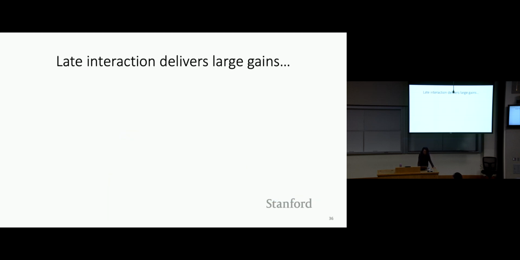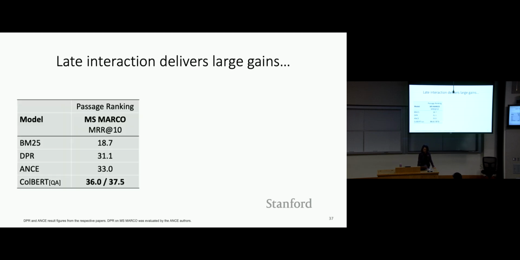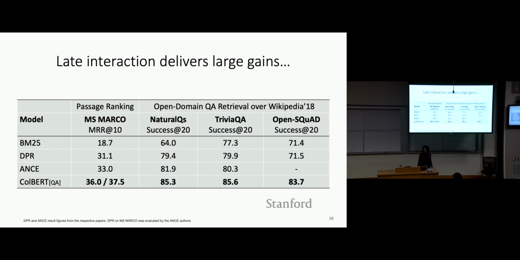So this late interaction makes a huge difference. In the experiment that was run, there were various different techniques, and if you look at MS MARCO, it brings it up to 37.5%, and then the same is applied to other domains.